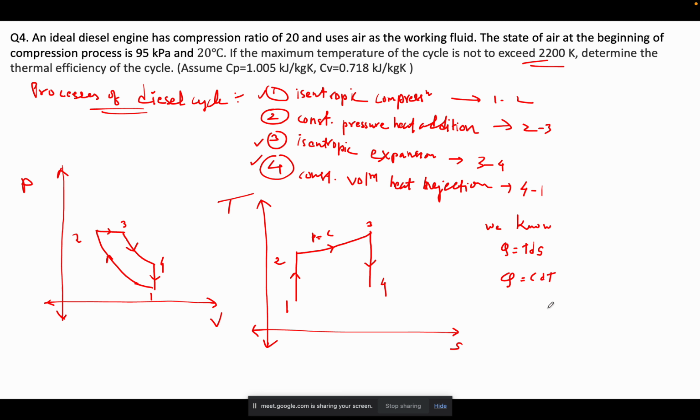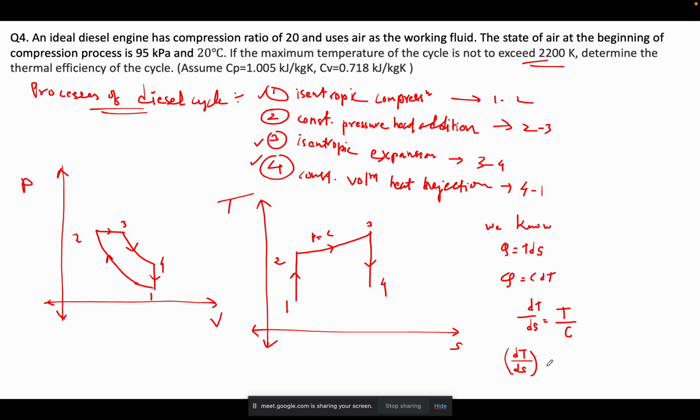So from these two equations, we can write dT by dS will be equal to T by C. So for the same temperature process, what is dT by dS? This is nothing but the slope of the TS diagram.